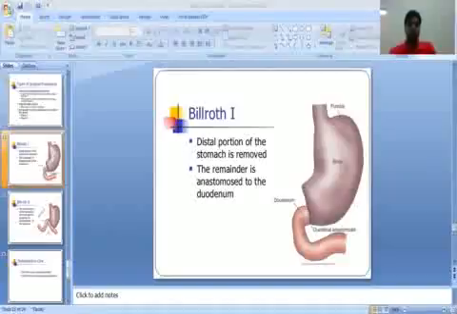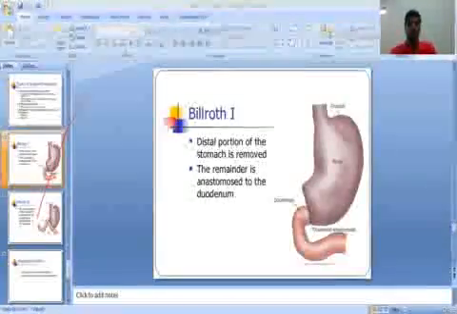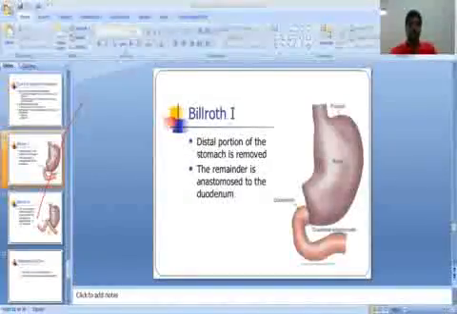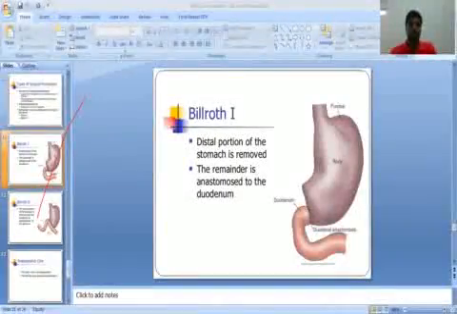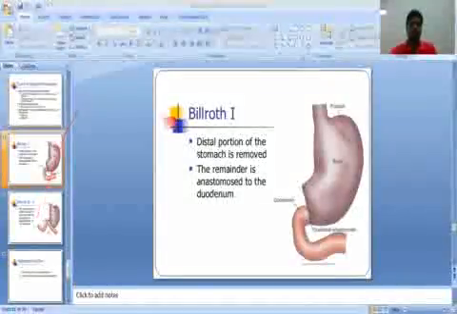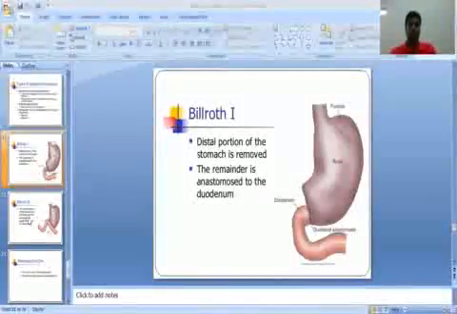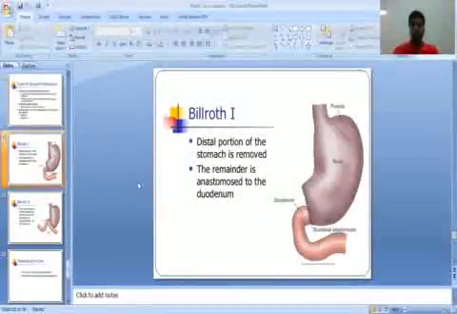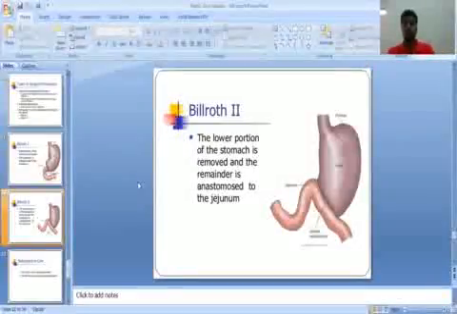Now Billroth second. In Billroth 2, the lower portion of the stomach is removed and the remainder is anastomosed to the jejunum.